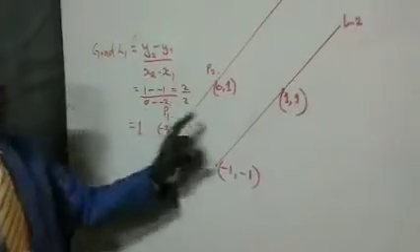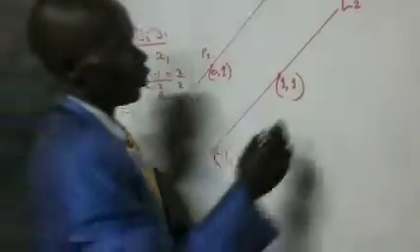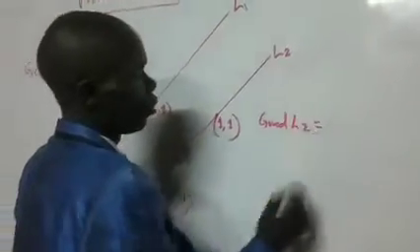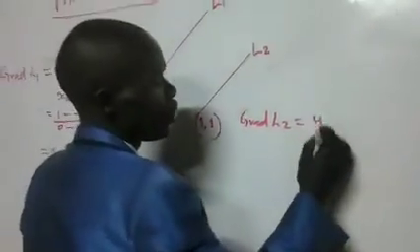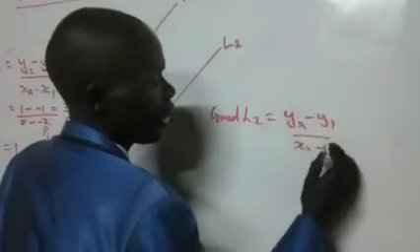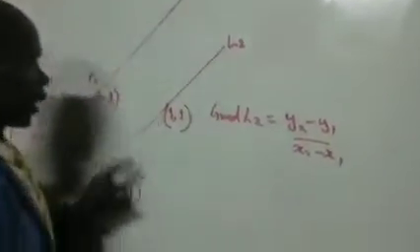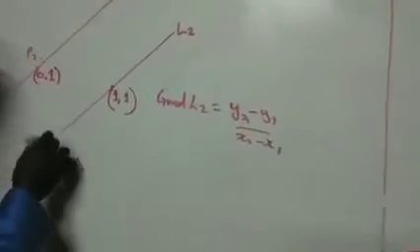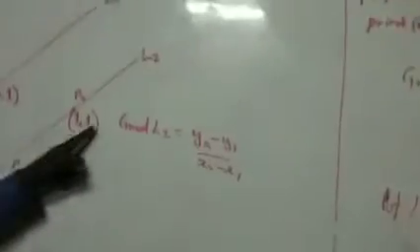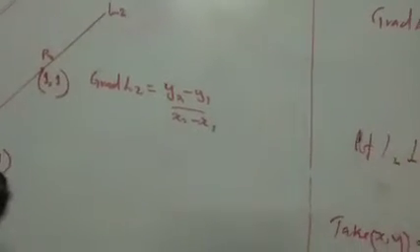Let's get the gradient of the line L2. So gradient of L2 will be change in y, that is y2 minus y1 over x2 minus x1. And we declare our points and say that this is our point P1 and that is our point P2. Therefore from here we get x2, y2, and here is x1, y1.